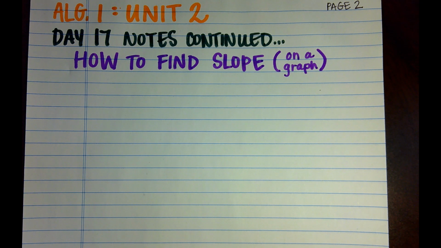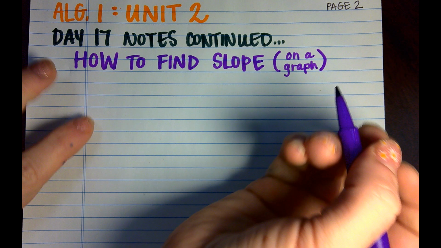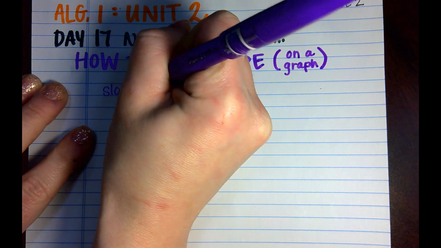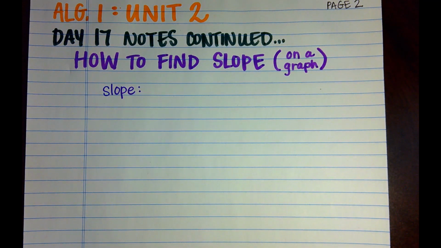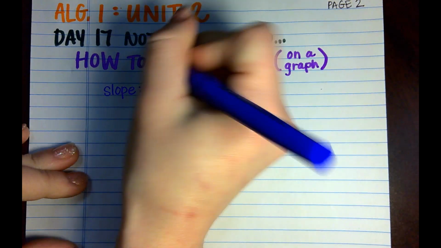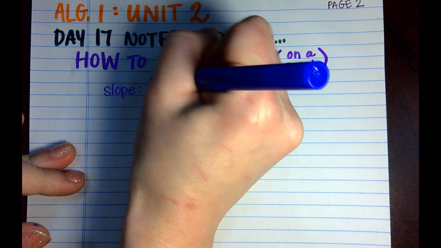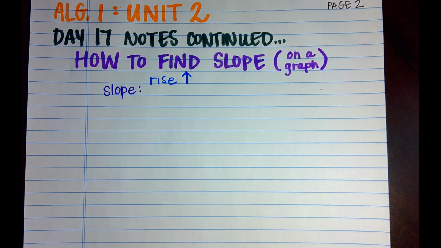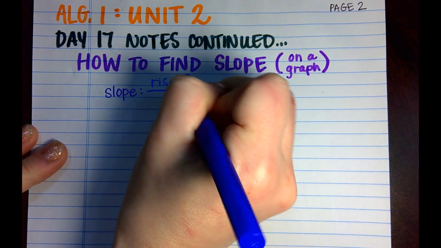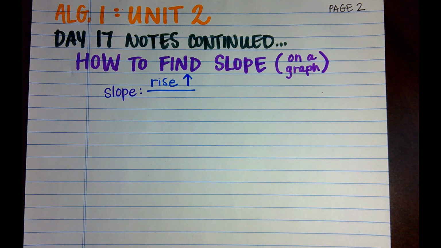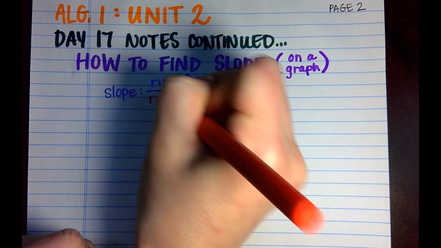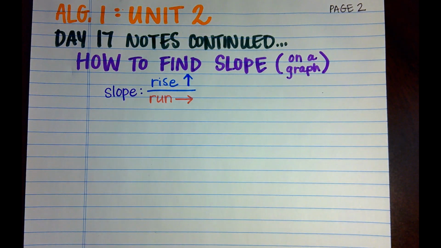We know that slope is just rise over run. So that's how high up over how far over we go.